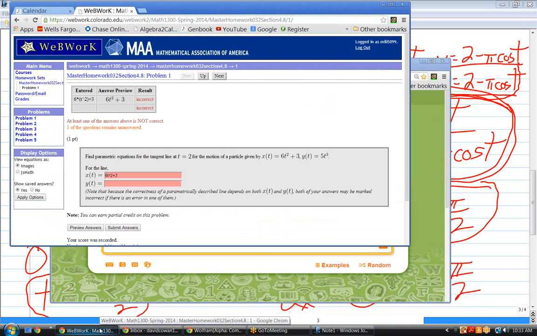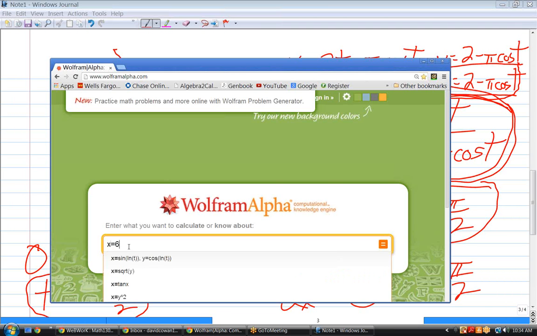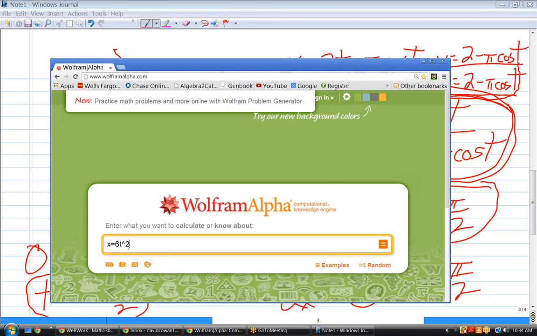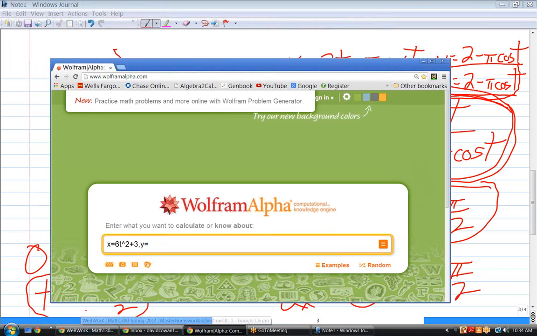So I've got x of t equals 6t squared plus 3. Let me put that in. X equals 6t squared plus 3, comma, y equals 5t cubed.